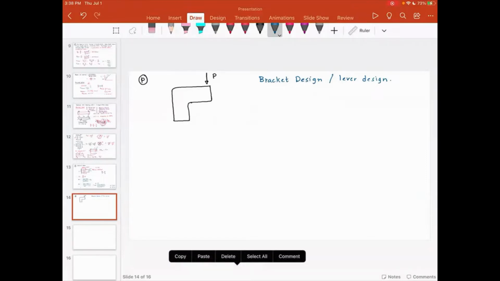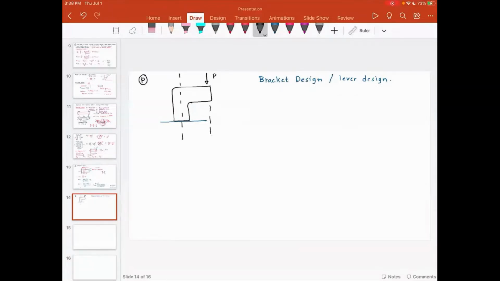So what I'm trying to do here is design a bracket, and this bracket is loaded as shown in the figure. This distance is 100. This is the rotated cross section, and this dimension is D. This dimension is B. Just like the previous problem, D is equal to 2 times B.